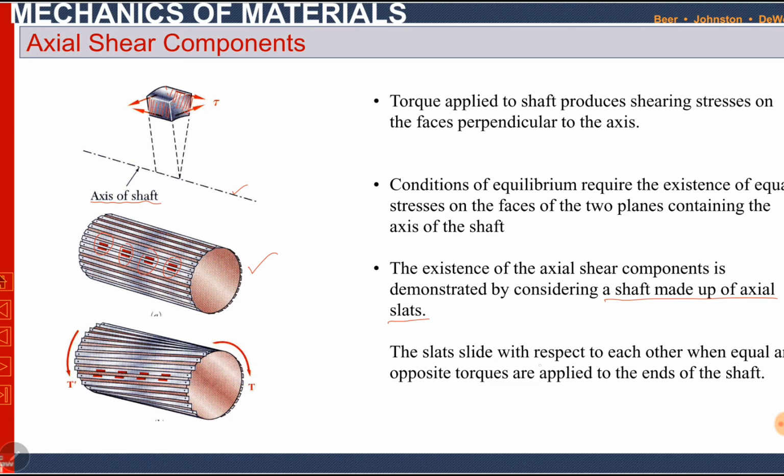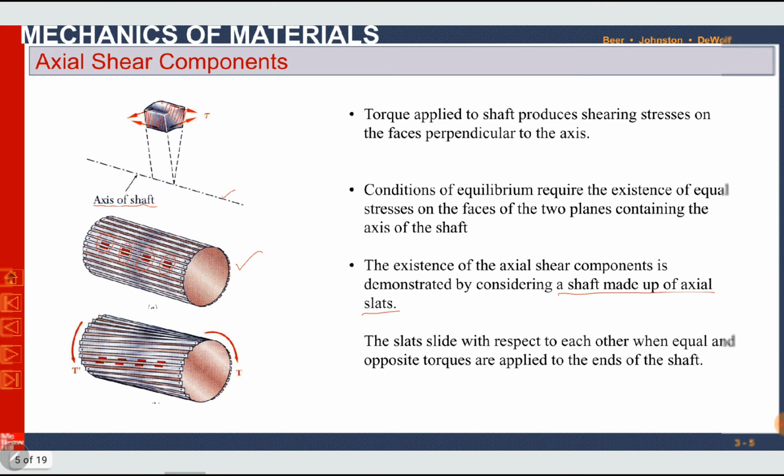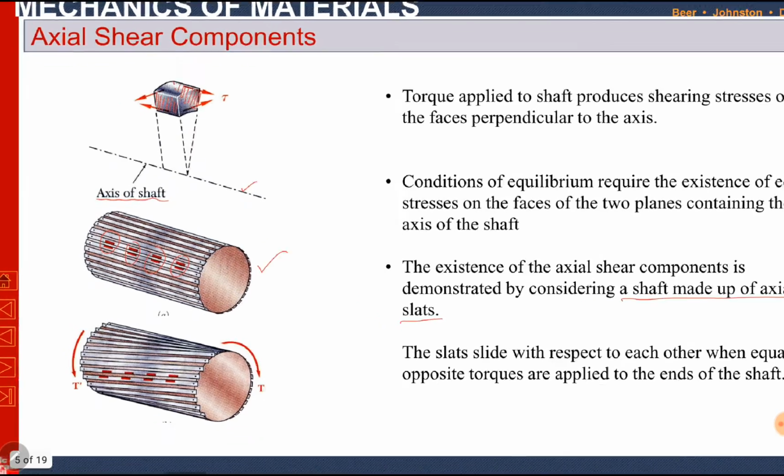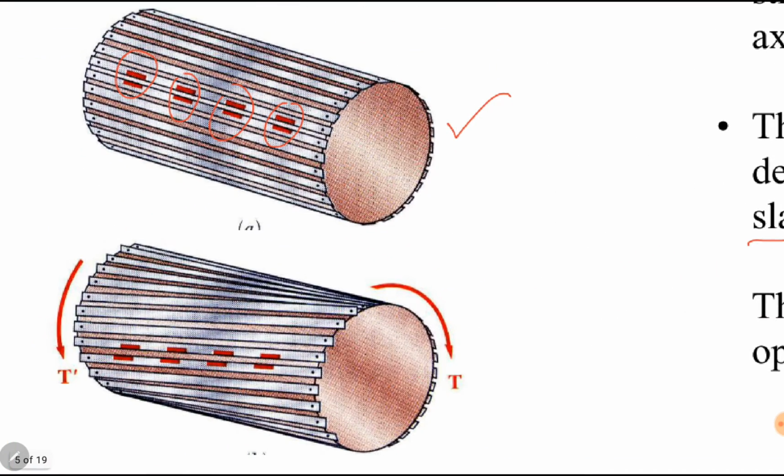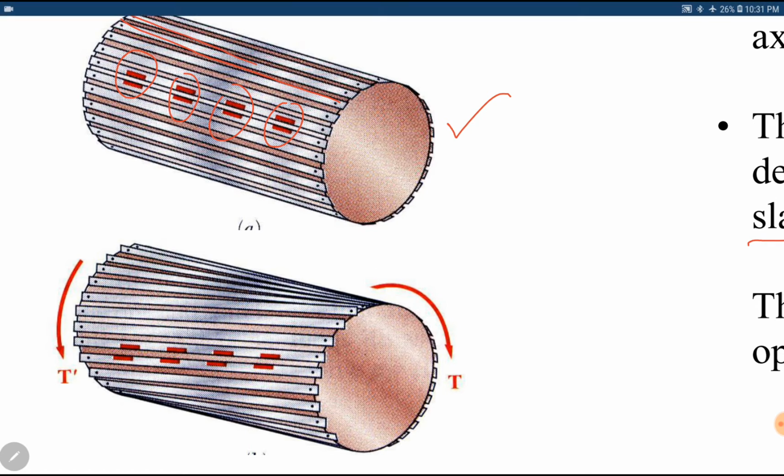The slats slide with respect to each other when equal and opposite torques are applied at the ends of the shaft. You can see a change in angle of these slats. It means there is a shear strain here. Change in angle refers to shear strain, and these slats are parallel to the member axis. So the slats parallel to the member axis and the slats perpendicular to the member axis are under shear loading.